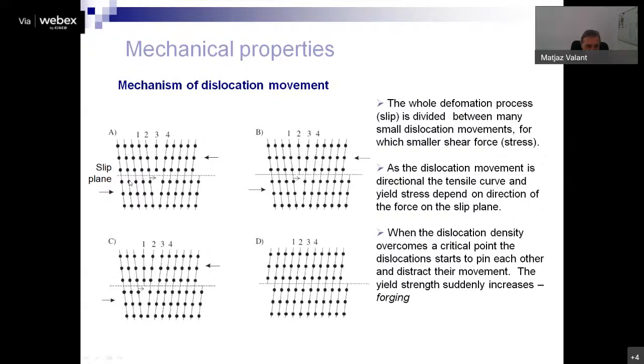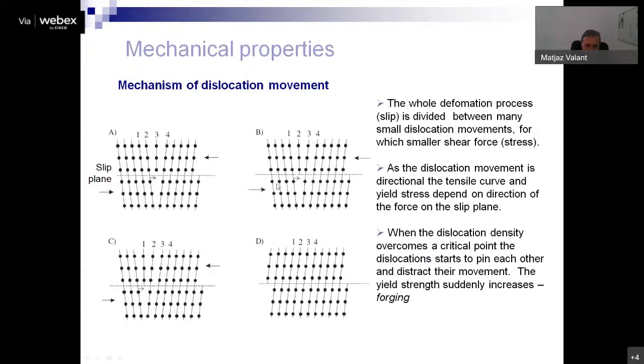Now, if you count the bonded atoms here, you will count 5. But then what happened is that this particular bond, near this location, broke, and a new bond was created between these two lines.